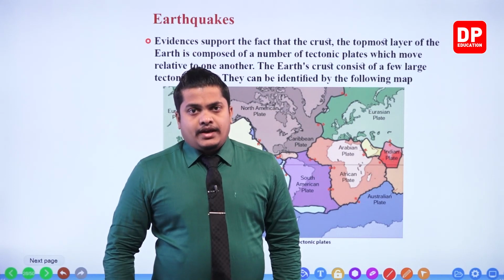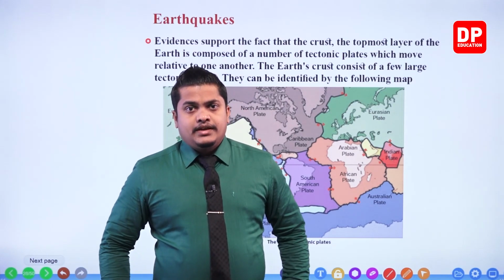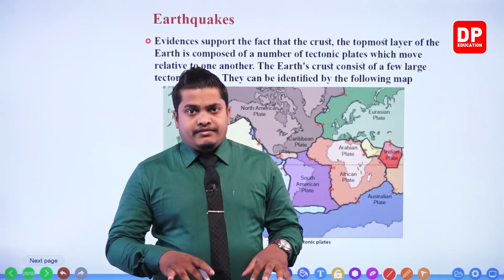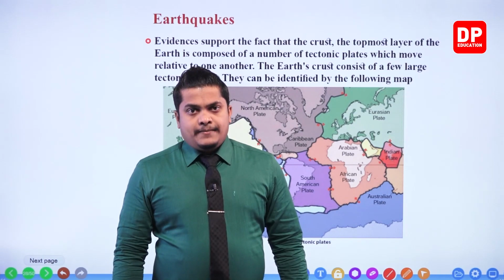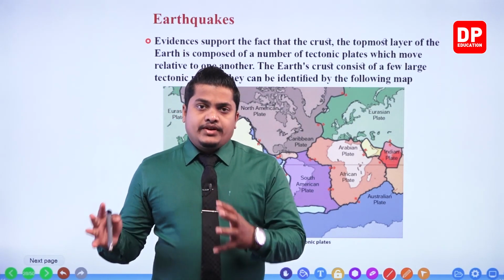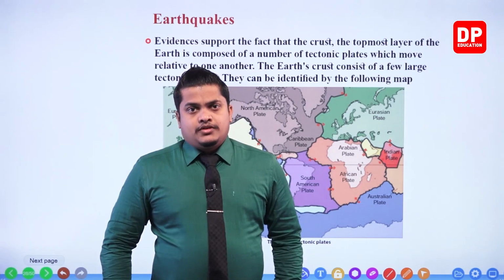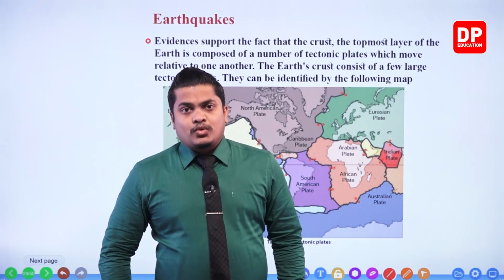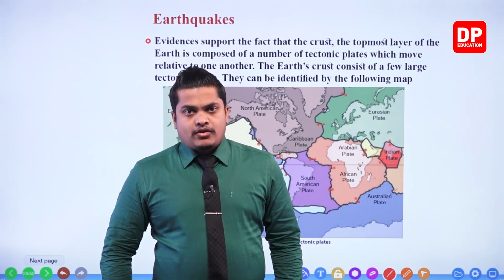So when you take a tectonic plate, my dear children, within a tectonic plate we can observe different countries and different locations. And within the other tectonic plate, you can observe the other countries. So this is how the earth crust has been created by the tectonic plates.